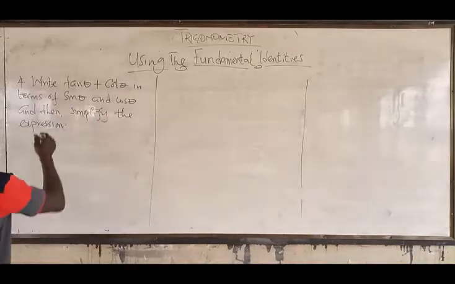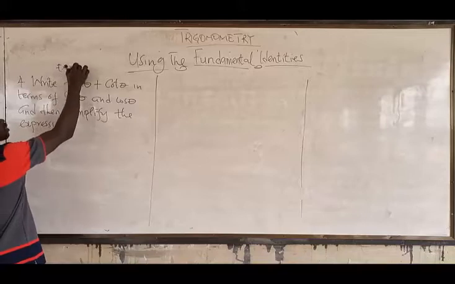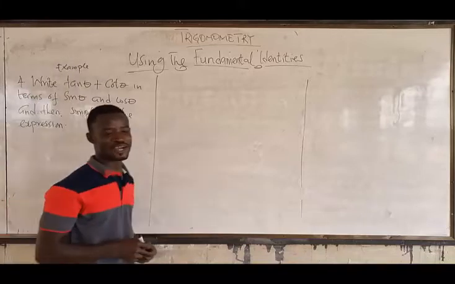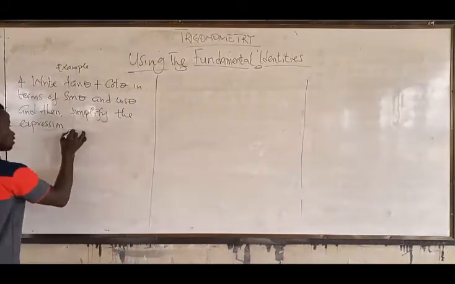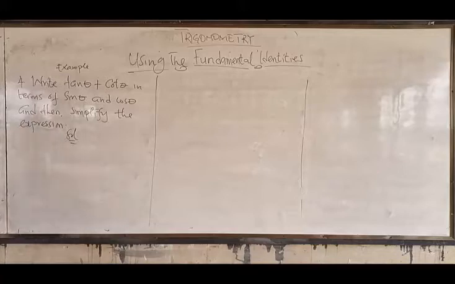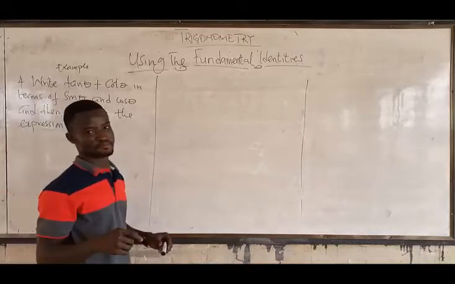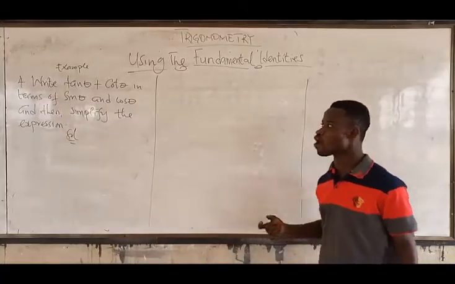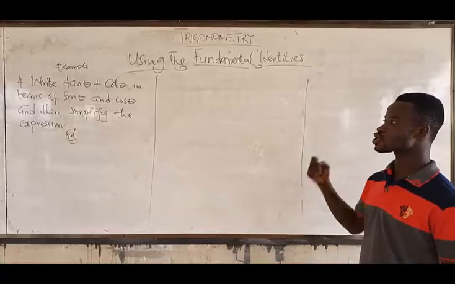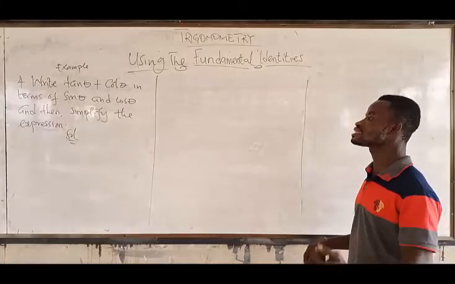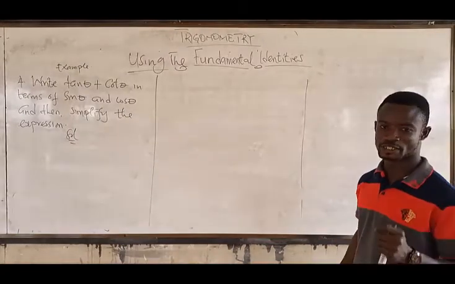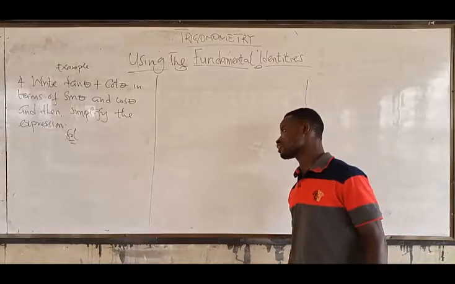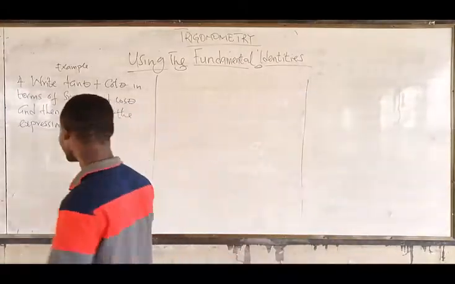Alright, so we look at our fourth example. Write tan theta plus cot theta in terms of sin theta and cos theta, and then simplify the expression completely.